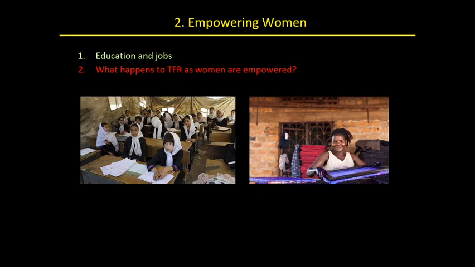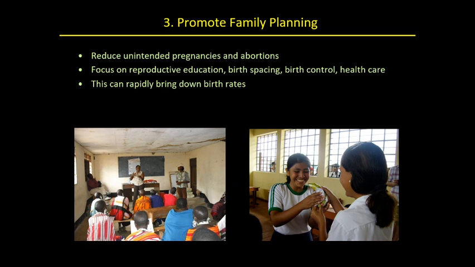Okay. Now, another reason why fertility rates have been declining and population is probably going to stabilize this century has to do with what you see going on in this picture here. In developing countries, women are being educated for the first time and entering the economy, as you see here with this woman in Uganda. As women get schooled and go into the economy, many different things are happening.